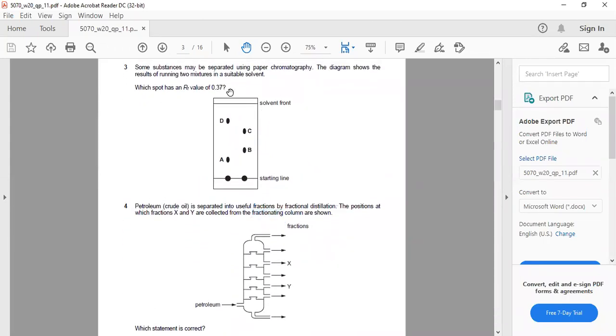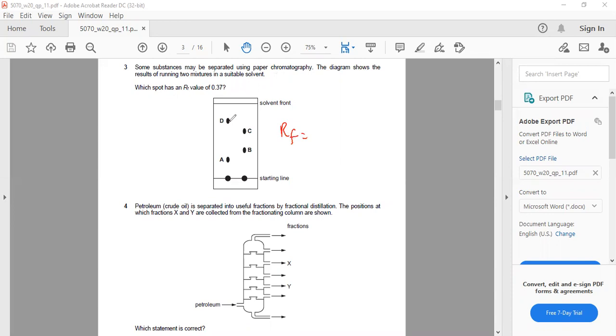Okay, question 3 is about chromatography. The diagram shows the results of putting two mixtures in a suitable solvent. Which spot has an RF value of 0.37? So you have to remember what RF value is.